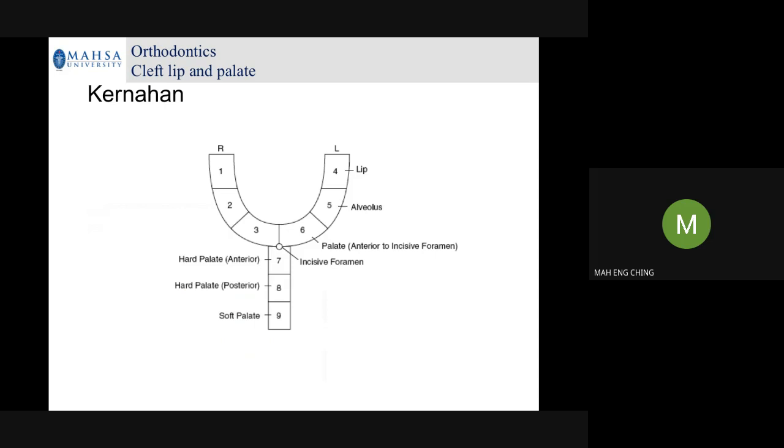We look at this shape, it's like Y. So you just divide the cleft into different areas. So right side, left side, then you start from the lips, alveolus, then hard palate, soft palate. That's how they divide it. Descriptive. It can be right side, the lips only, right side, the lip plus the alveolus, or the right side, the lip, plus the alveolus, then all the way to the soft palate. That's how to describe it.